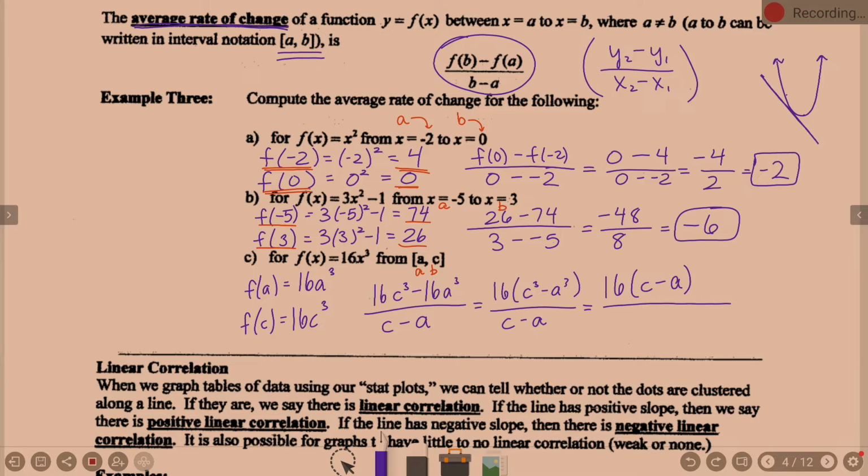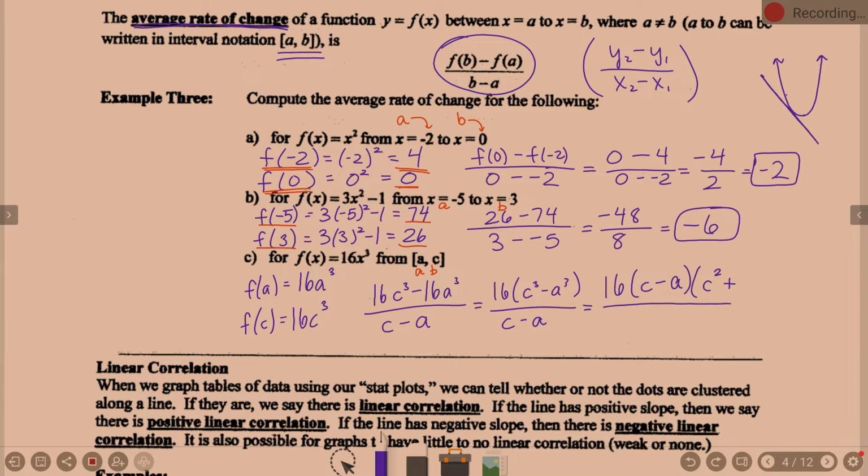If this had been C cubed plus A cubed, this would just be C plus A. The trinomial: the first term is your first cube root squared. My first cube root was C, so squared that's C squared. The next term is the opposite sign of the original problem and the first parenthesis, so this sign is going to be plus.